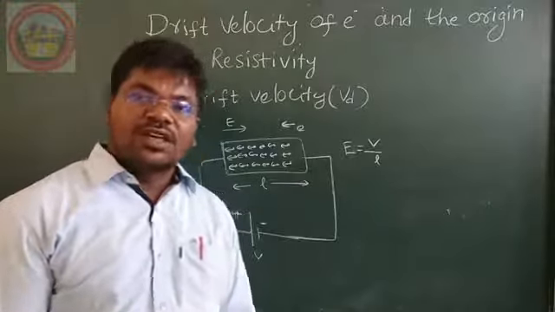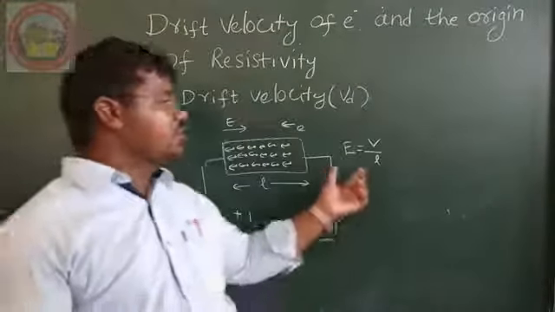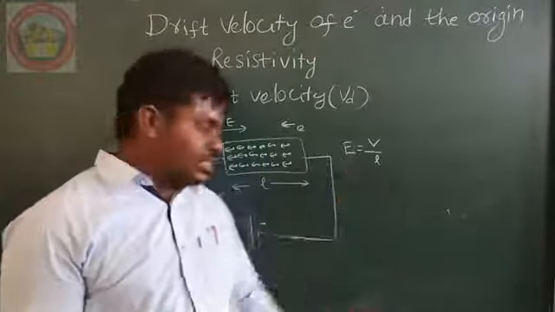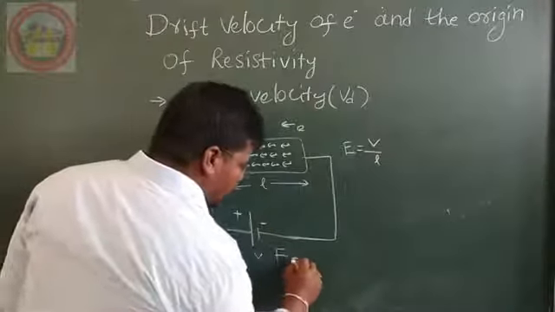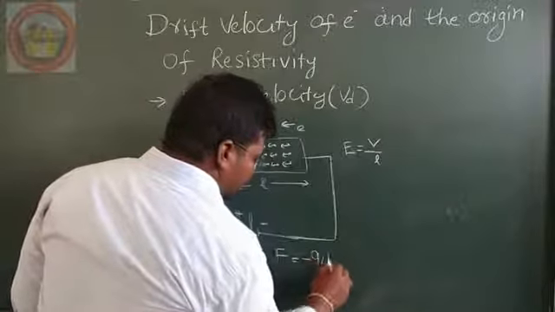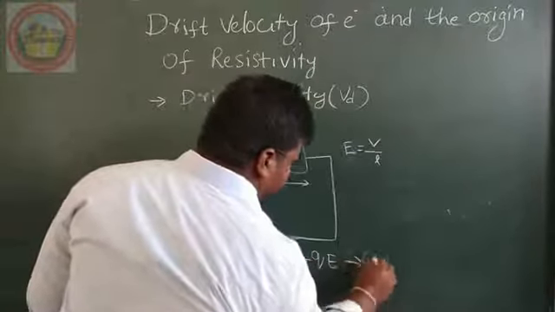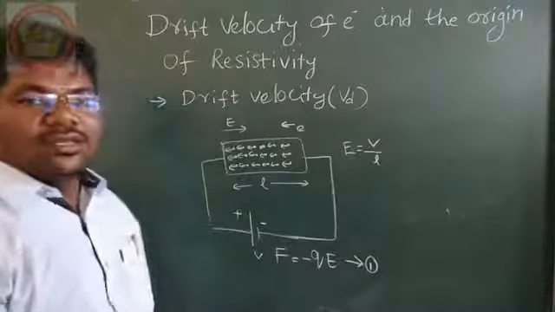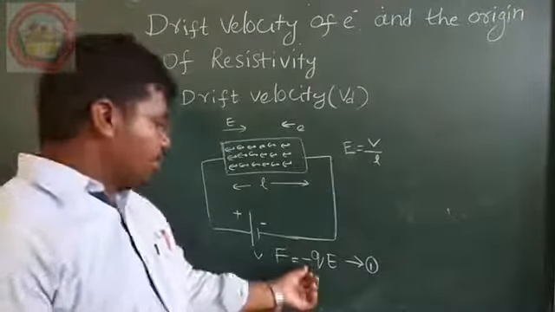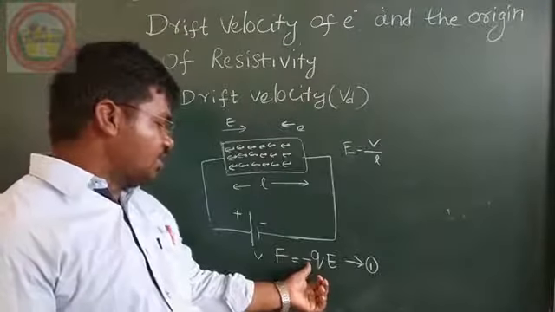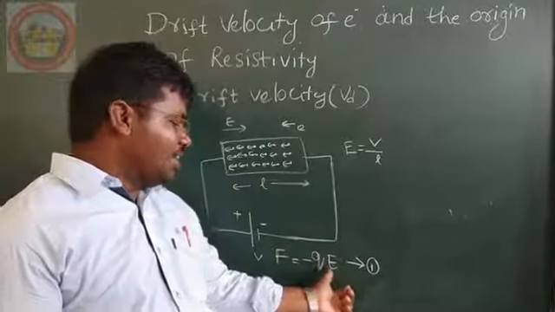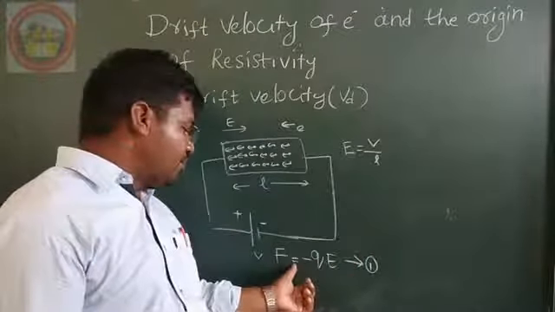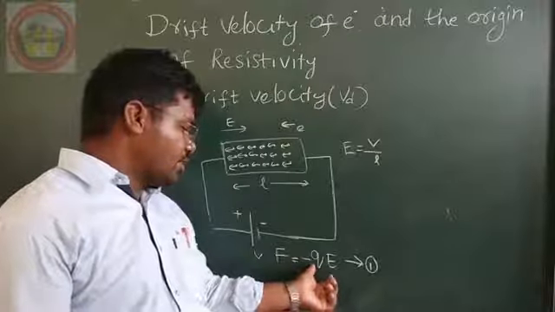The force due to the electric field is F is equal to minus QE. Here we take charge Q and E, the electric field. F is equal to minus QE.